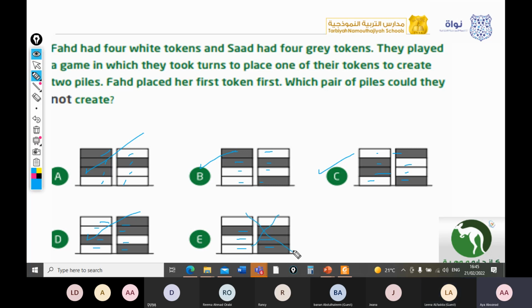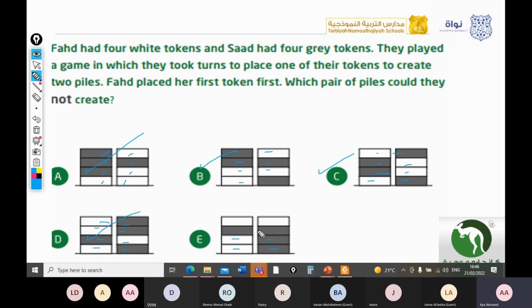You understand now? No. Why? Okay, let's try E again so I can tell you. Now we bought 1 white, 1 gray. So on this side, 1 white, 1 gray, 1 white, 1 gray.